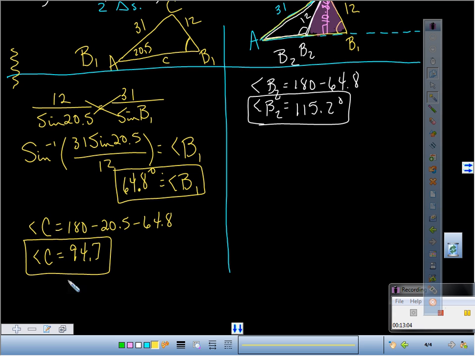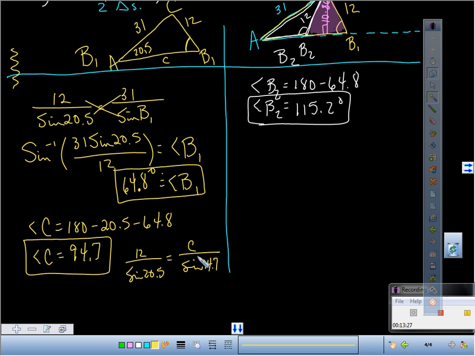Another answer. Now can I find side C? Okay. So now I'll use it. Y'all, you're always going to use that same ratio that we started off with. 12 is to the sine of 20.5, and C is to the sine of 94.7.